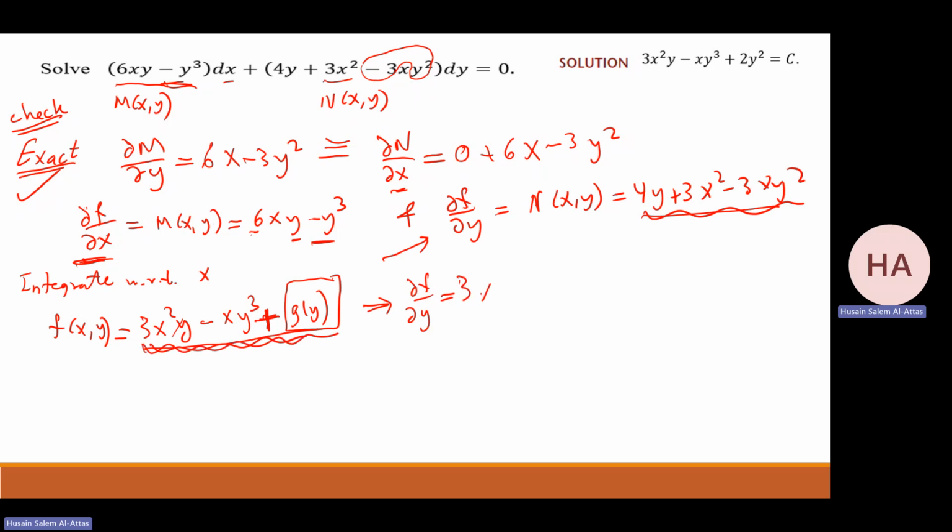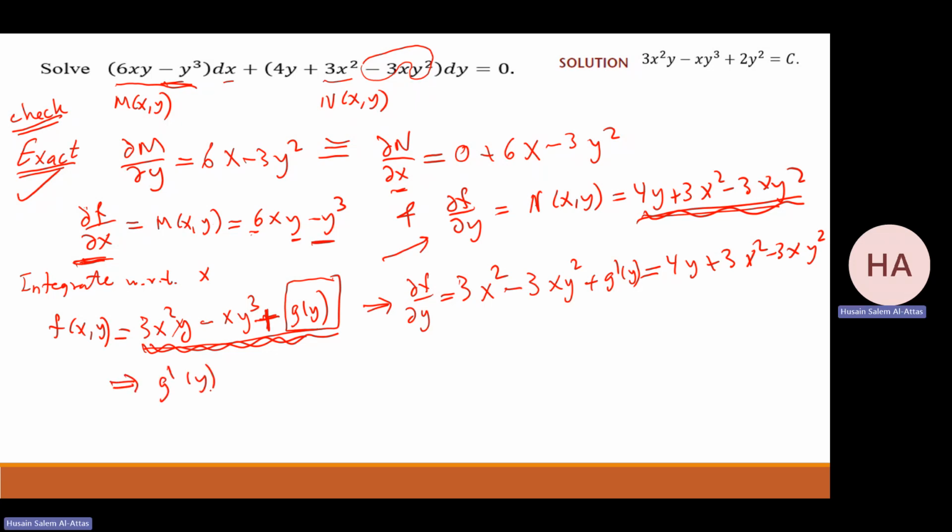It will be 3x squared. This one with respect to y, x is a constant. Y cubed is 3xy squared plus g prime of y. Since I'm doing the derivative with respect to y, that should equal to this, which is my N. Now, if you look at this one, what you are getting?